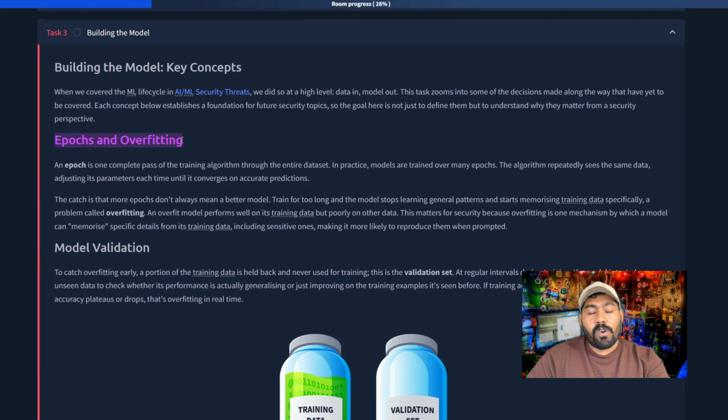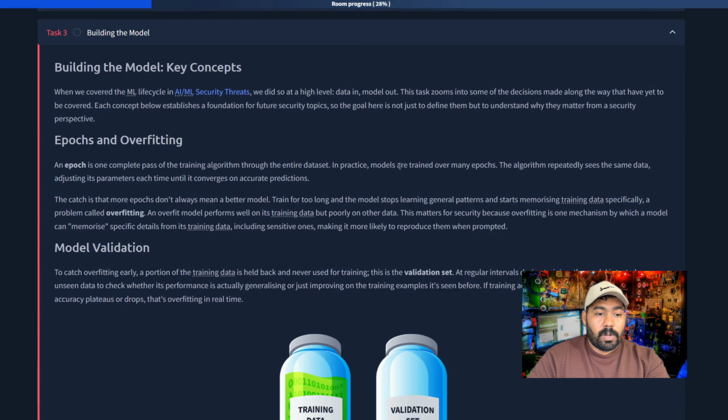Epochs and overfitting. So let's see what it is. An epoch is one complete pass of the training algorithm through the entire dataset. In practice, models are trained over many epochs, the algorithm repeatedly seeing the same data and adjusting its parameters each time until it converges on accurate predictions. It's simple enough, right?